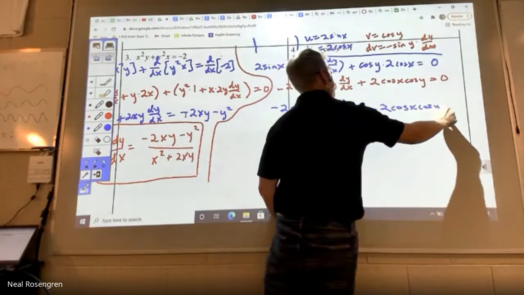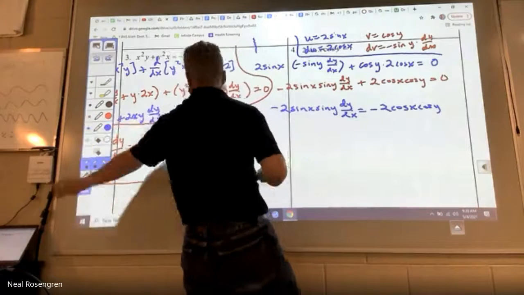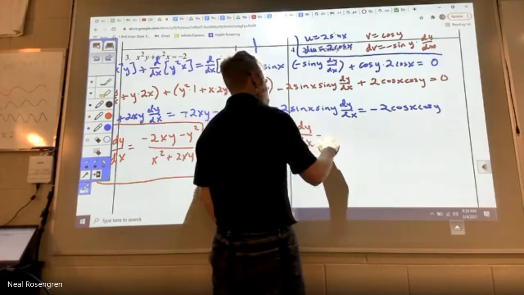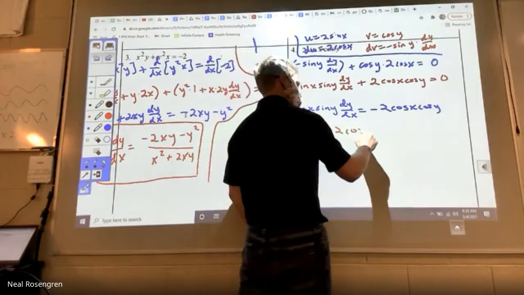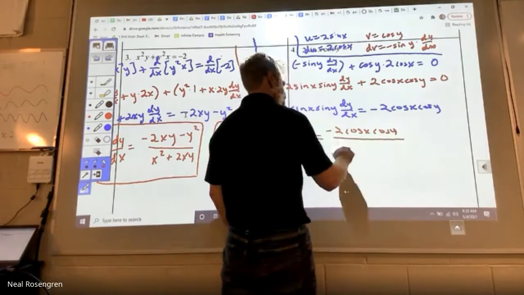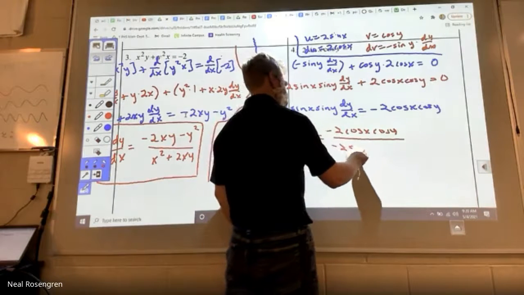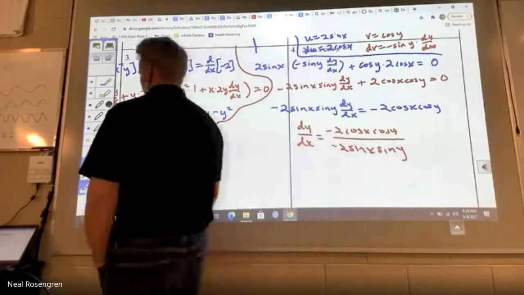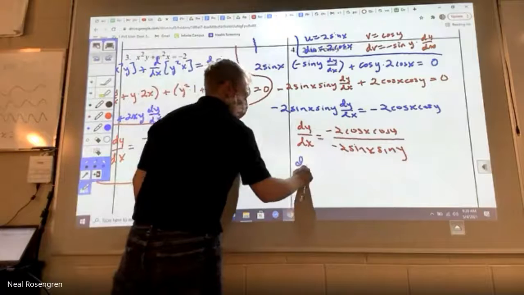Line it over. Divide it away. I'll take my time so you can see how the simplifying is going to work. Over negative 2 sine x sine y. Okay, let's see.